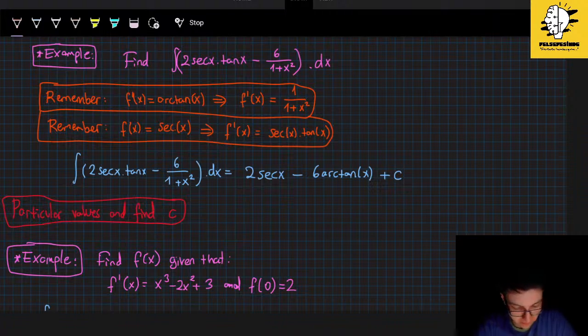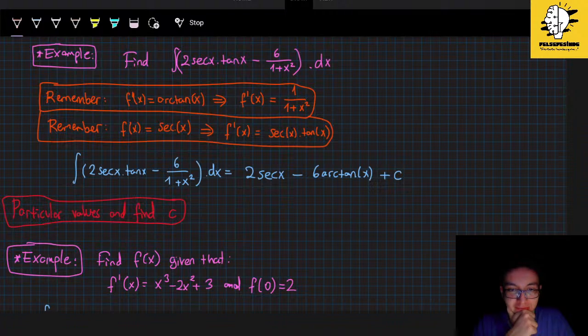In topic 5, in page 12, you can see the series of standard derivatives, okay? You can see them in the formula booklet, and if you take the reverse of it, as I told you in the beginning of the video, if you take the integration of a differentiation, you will find the function itself, yeah?